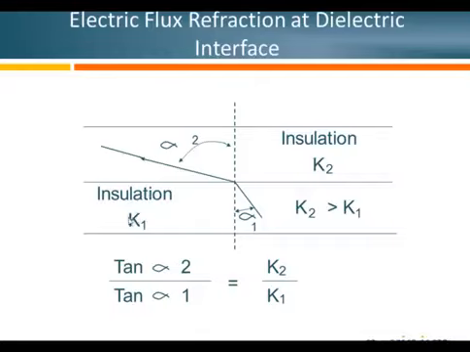The dielectric constant of your cable insulation, like cross-linked polyethylene, is typically 2.5 to 3. Ethylene propylene rubber is typically 3 to 3.5. So with the high dielectric stress control material, you want it to have a dielectric constant that's significantly higher than that, maybe on the order of 20 to 30 typically.